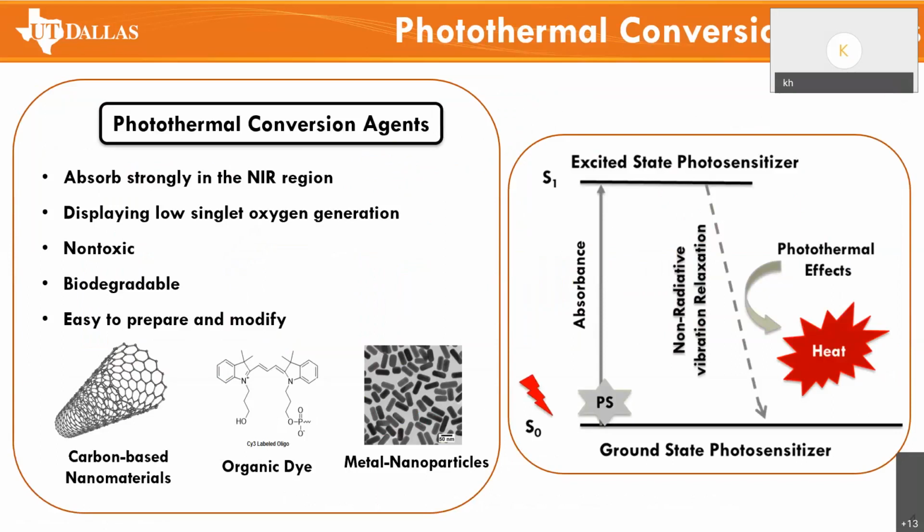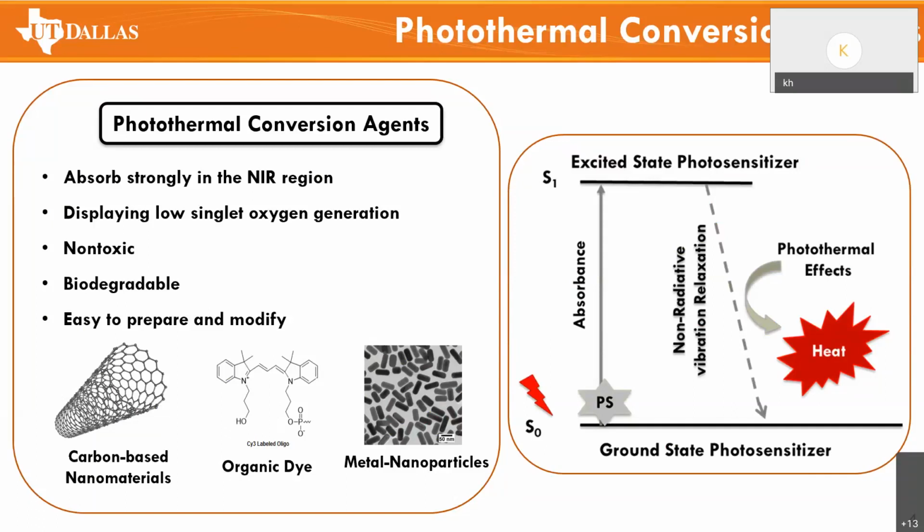Also, they should be non-toxic in the absence of photoradiation, because in this way they are selective to the cancer cell just under conditions of near-IR radiation. Also, they should be biodegradable. It means they should degrade quickly after use, so it provides safety. And at the end, they should be easy to prepare and modify.